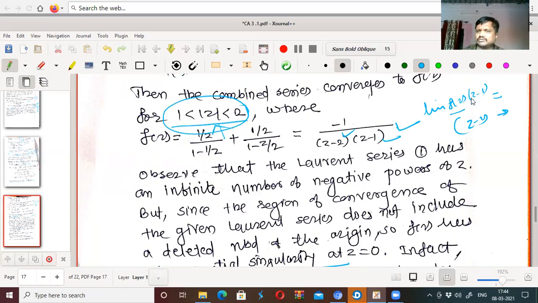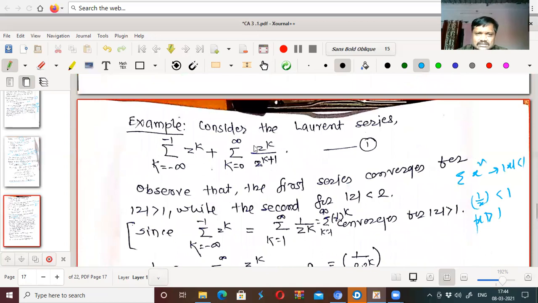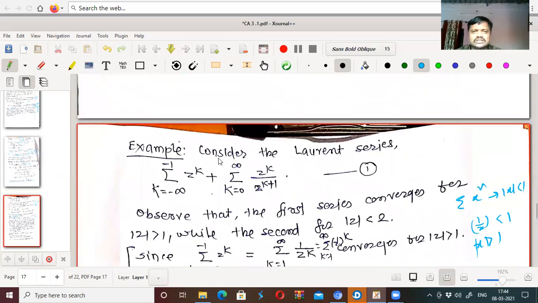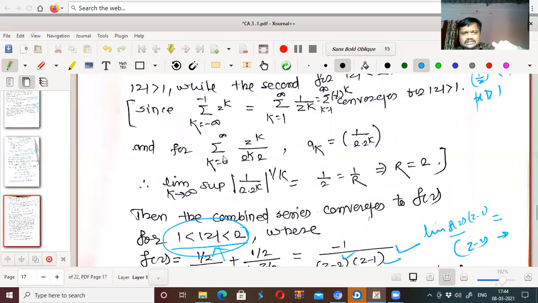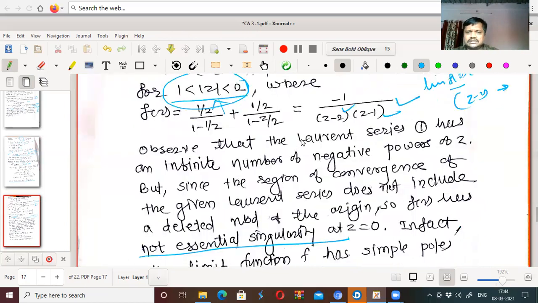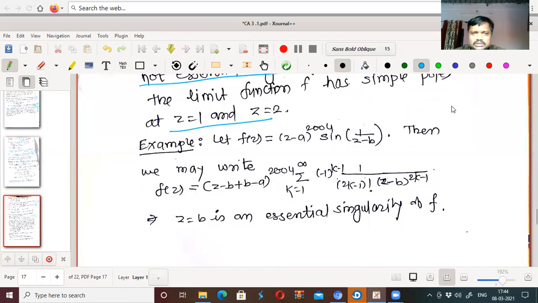Therefore it has a pole of order 1 at z equal to 1, and a pole of order 1 at z equal to 2. No doubt it has an essential singularity at z equal to 0, but in this region it is not there, and therefore it has simple poles at z equal to 1 and z equal to 2.